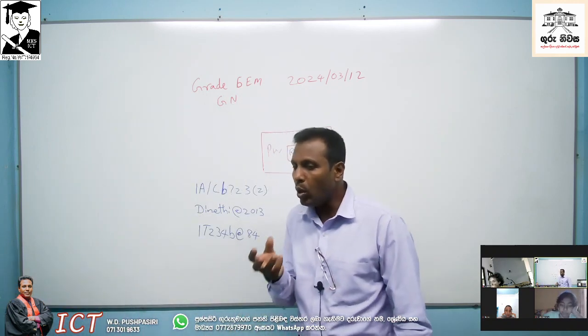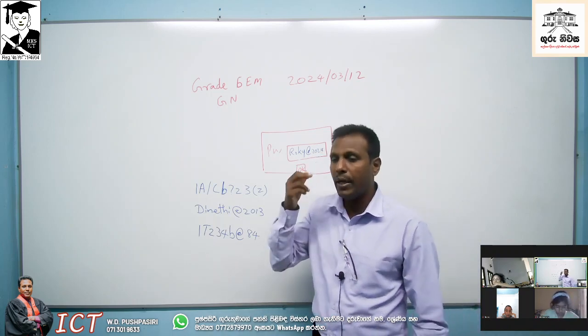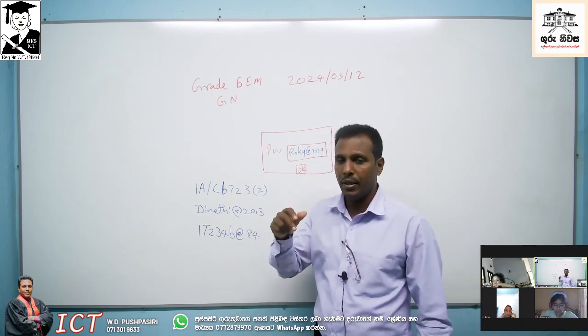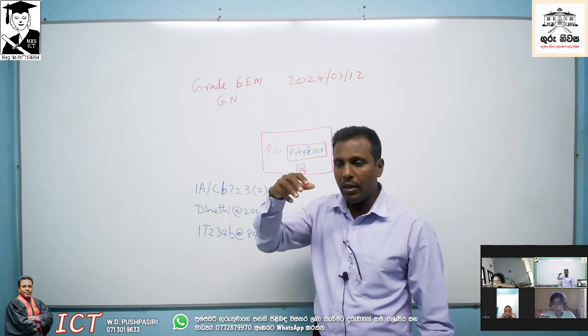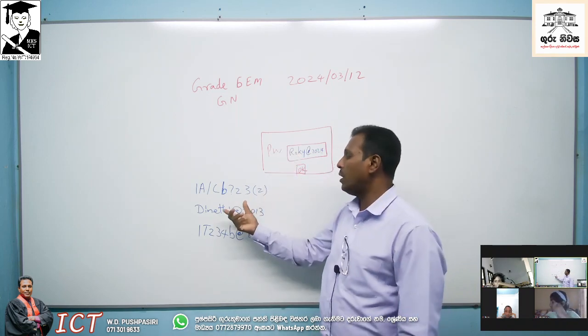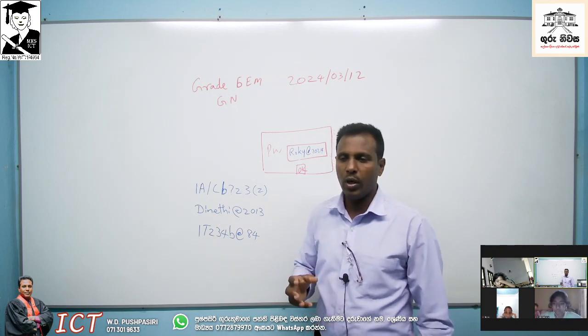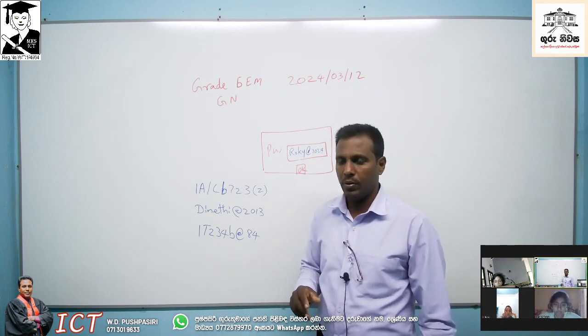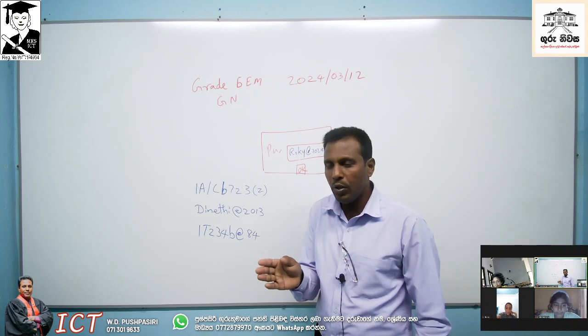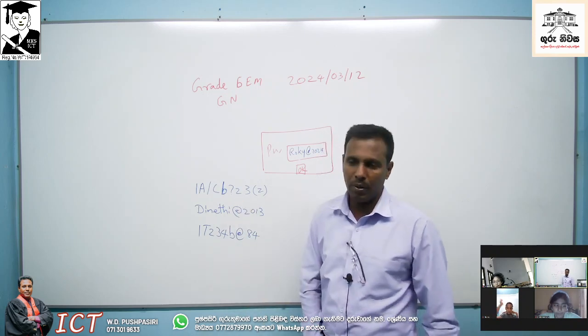Therefore, always keep the password in your mind. So to keep it in your mind, what do you have to do? It should be short, sweet and meaningful. If you don't have meaning in your password, then there is a problem.